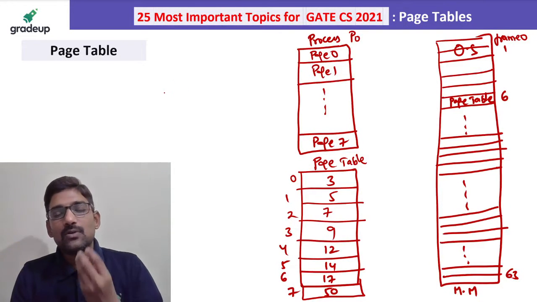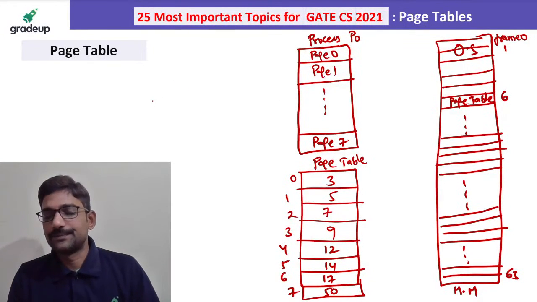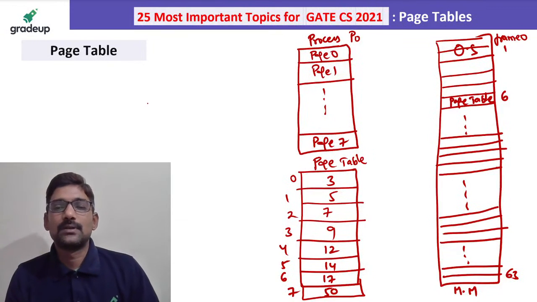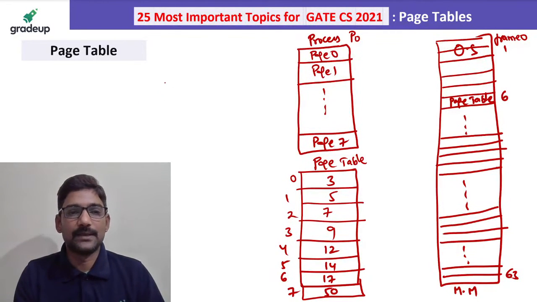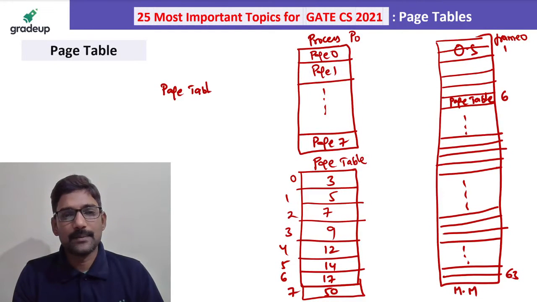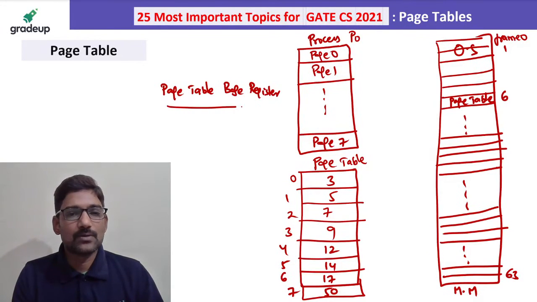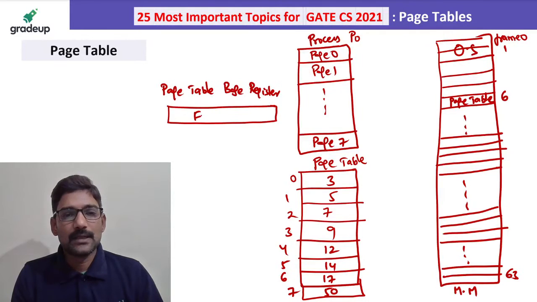So who maintains the information of the location of the page table? That is what we call the page table base register. So this page table base register will maintain the location of the page table, that is frame 6.